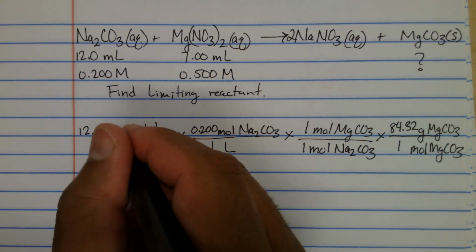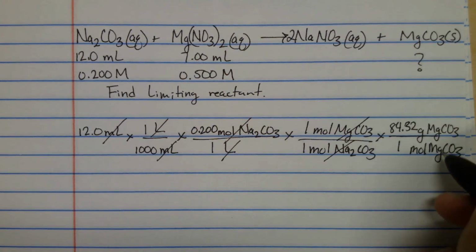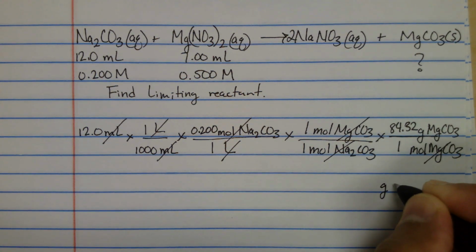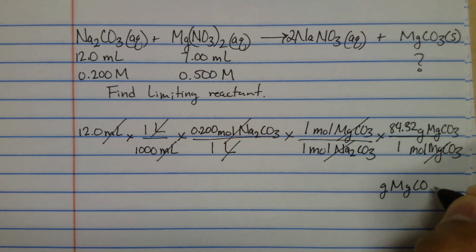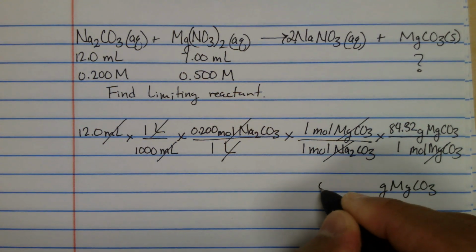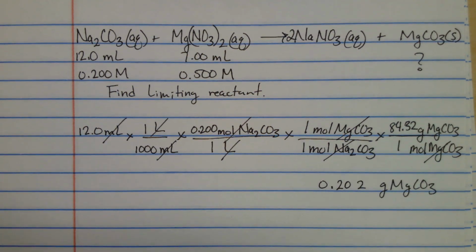And so this shows us our units canceling here. Looks really nice. And so we end up with the grams of the magnesium carbonate. And when we run this calculation right here, we get a mass of 0.202 grams of magnesium carbonate.